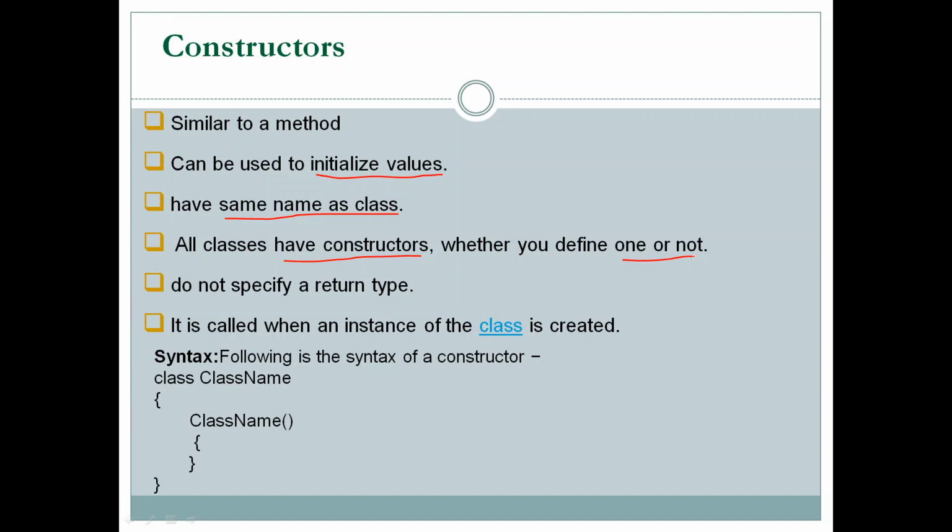Whether we define it explicitly or not doesn't matter, but by default every class in Java has a constructor, and that constructor is called the default constructor. The default constructor generally has no code inside it, but every class which is declared has that default constructor.